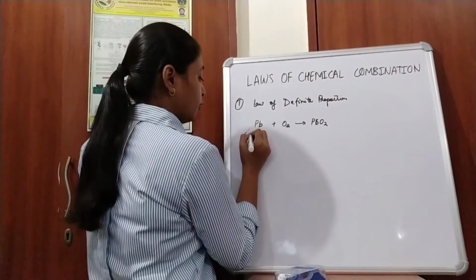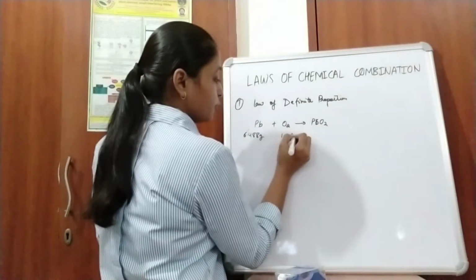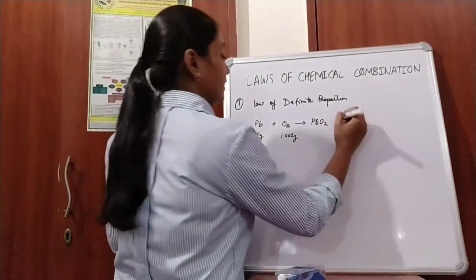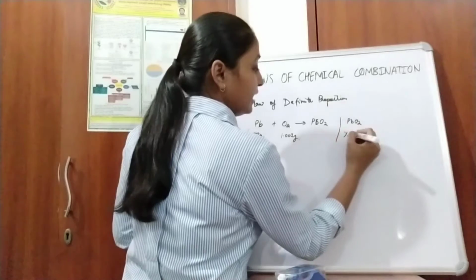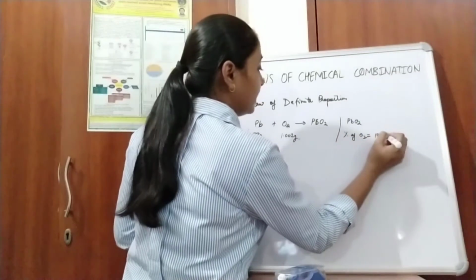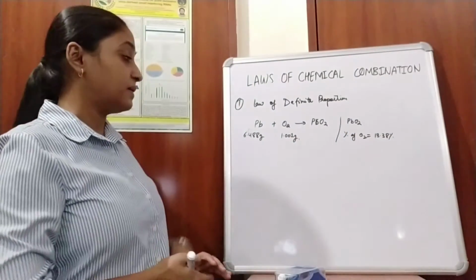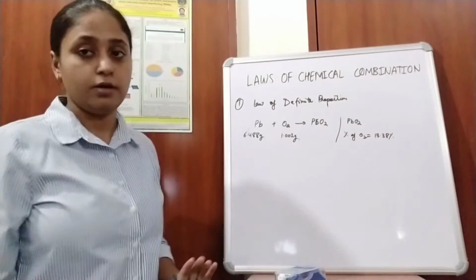Suppose 6.488 gram of lead reacts with 1.002 gram of oxygen to form lead oxide. In another reaction, PbO2 is formed and the percentage of oxygen is equal to 13.38%. So simply we have to show that the percentage of oxygen in both the reactions is equal, right?